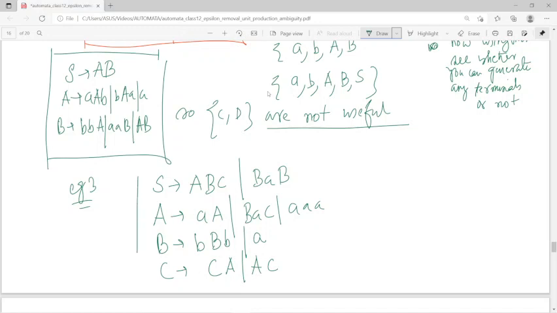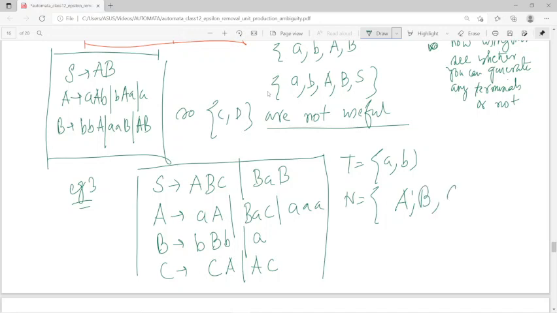So these are the corresponding rules, and the set of terminals is a, b. The set of non-terminals is capital A, B, C. I think these three are given. You can take this as a complex one, and whether you can solve it or not, let's see later.